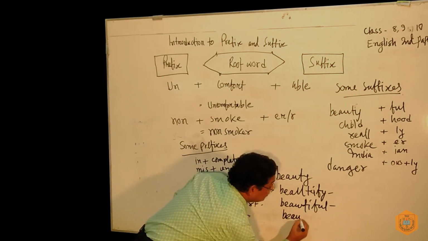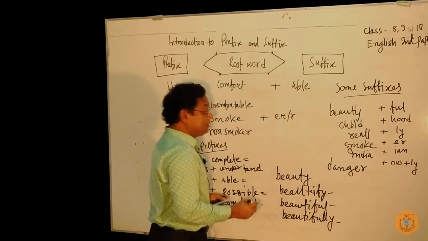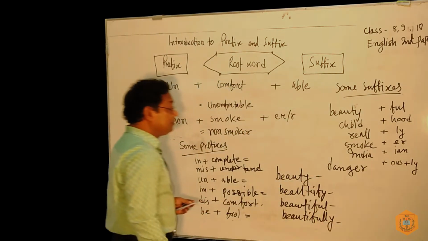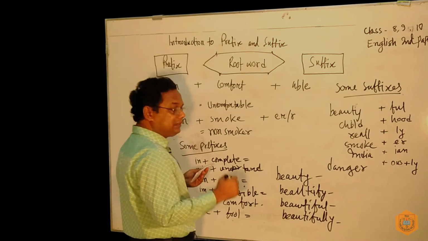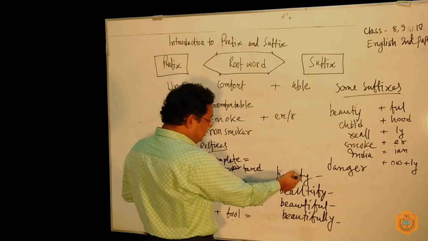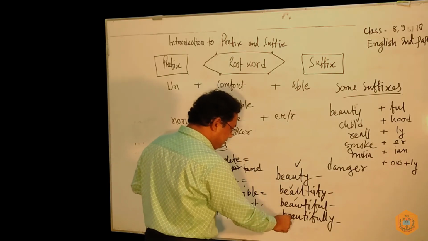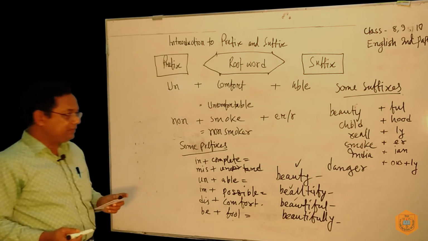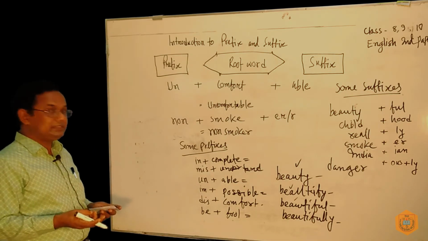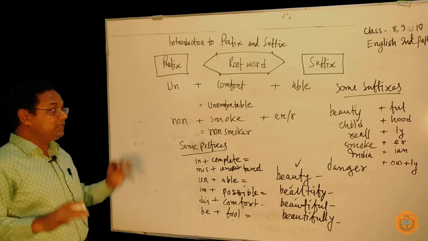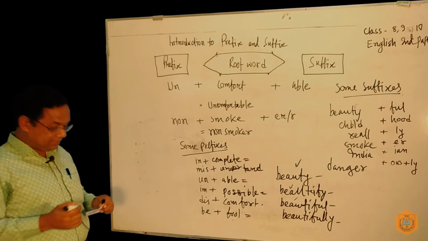Beautifully, it is an adverb. Here we can see that one word may create 4 parts of speech: noun, verb, adjective, and the last one is adverb. And pronoun, preposition, conjunction and interjection are not root words, so we can't make those parts of speech by using prefix and suffixes.